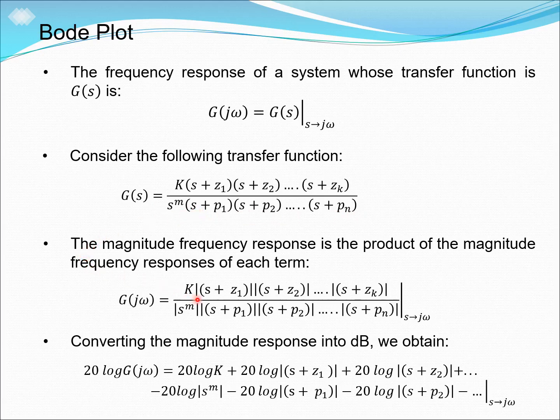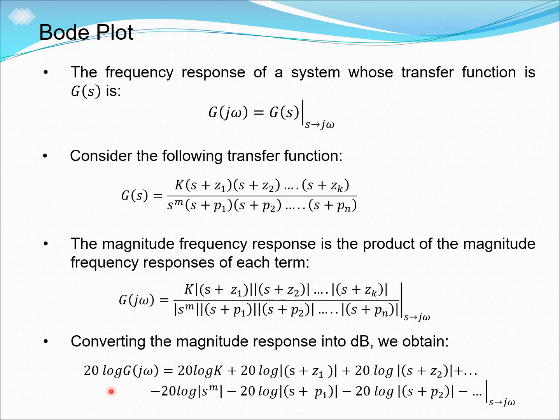And this is the magnitude frequency response, which is actually transformed from the S domain into the j omega domain. So if we know the magnitude response of each pole and zero term, we can find the total magnitude response.